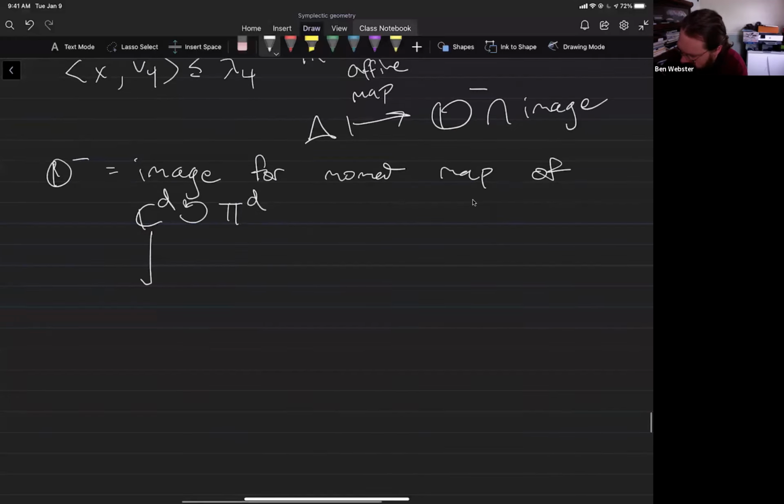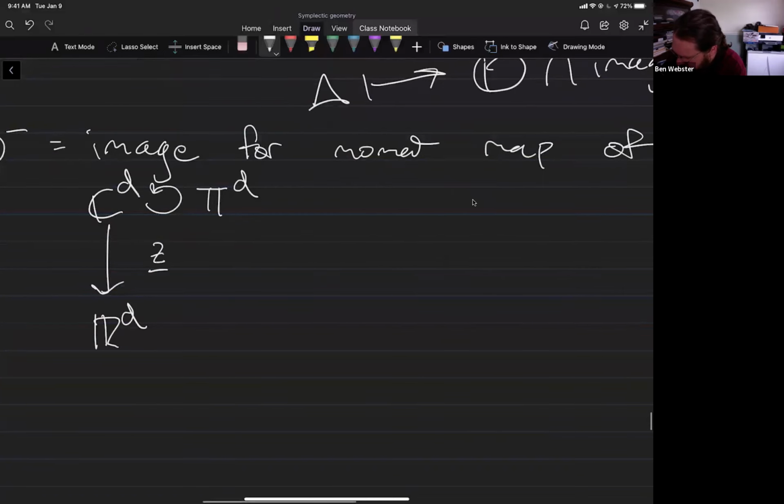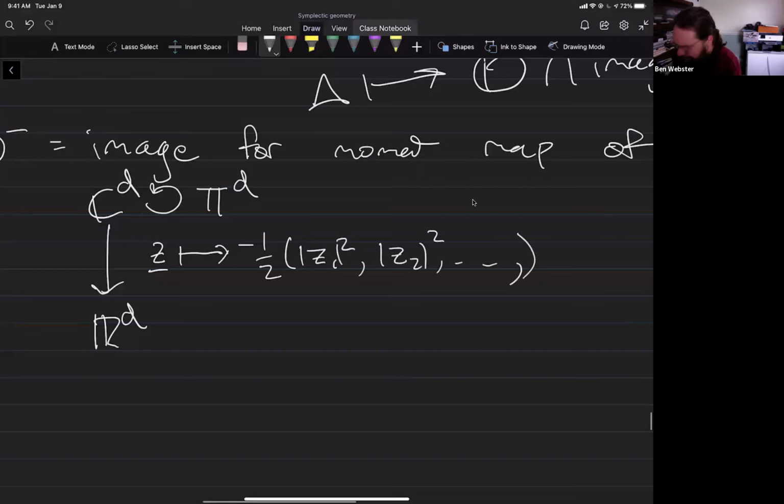This moment map is a map from C^D to R^D that sends Z to -1/2 times the norm of Z1 squared, the norm of Z2 squared, etc. And the fact that I've been using the negative orthant everywhere is because there's a minus sign here. If I had changed my conventions about this torus, I would be able to get rid of that minus sign and use the positive orthant.